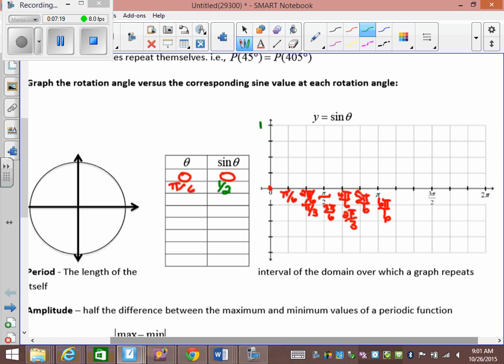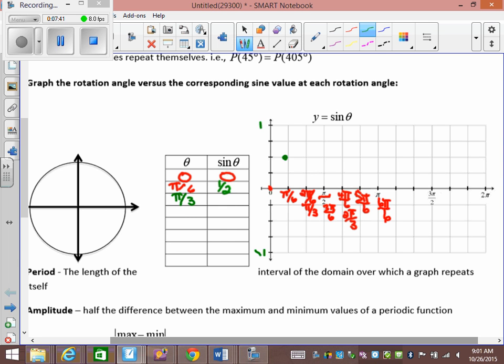I'm going to make this be 1 and negative. So pi over 6 and 1/2, 0.5. Okay. Let's pick the thing in the middle. 2 pi over 3 is there. At pi over 3, what are we at? Root 3 over 2.